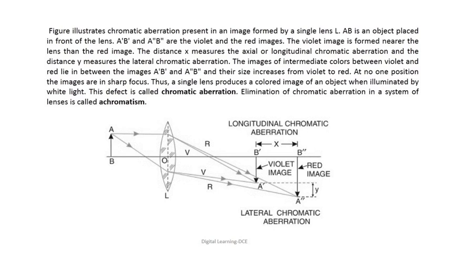Thus, a single lens produces a colored image of an object when illuminated by white light. This defect is called chromatic aberration. Elimination of chromatic aberration in a system of lenses is called achromatism. Go through the diagram carefully.